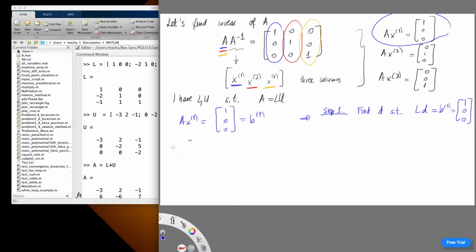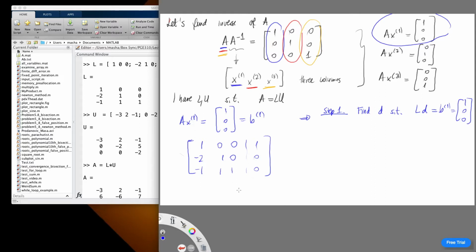So my step 1 is L, and I'm going to write it in augmented form just because it's simpler. So it's 1, 0, 0, minus 2, 1, 0, minus 1, 1, and 1, 0, 0. Yes?